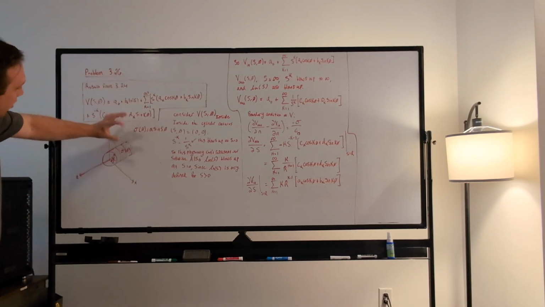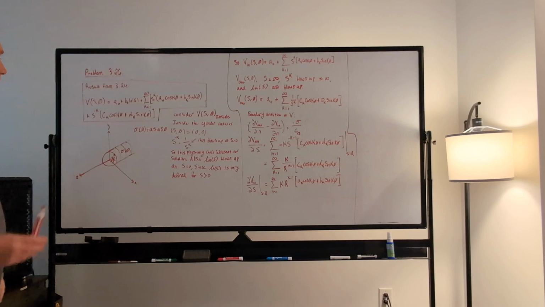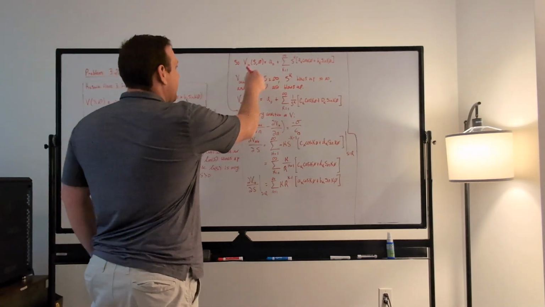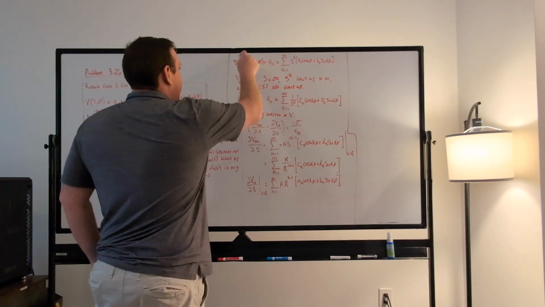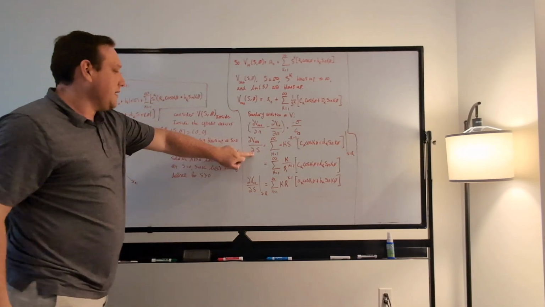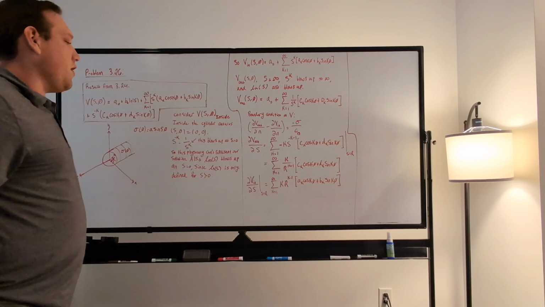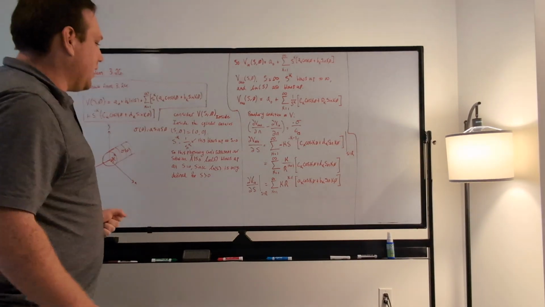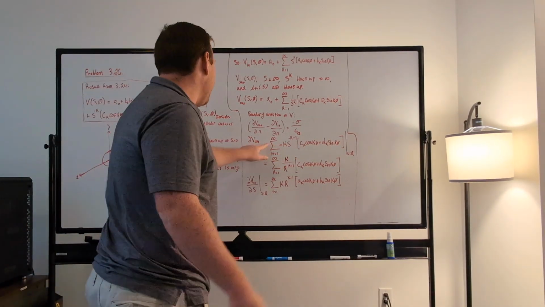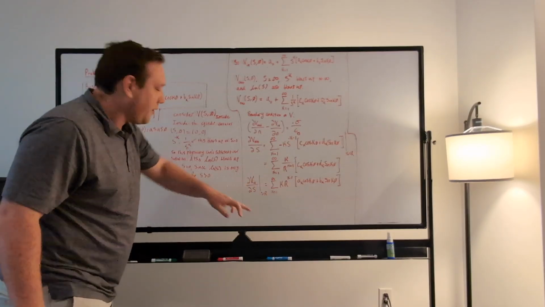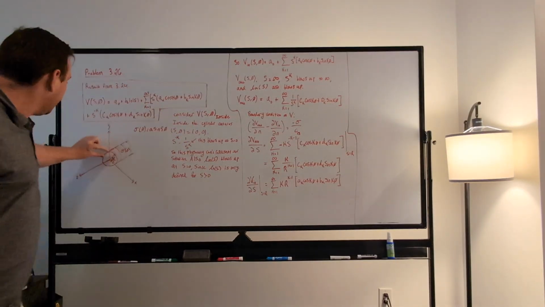The coordinate normal to the surface here is s. So we're going to take the derivative of both the out and the in potential with respect to s, and then because we're interested in what these are at the boundary, we're going to evaluate these derivatives at the boundary, so when s is equal to the radius r.